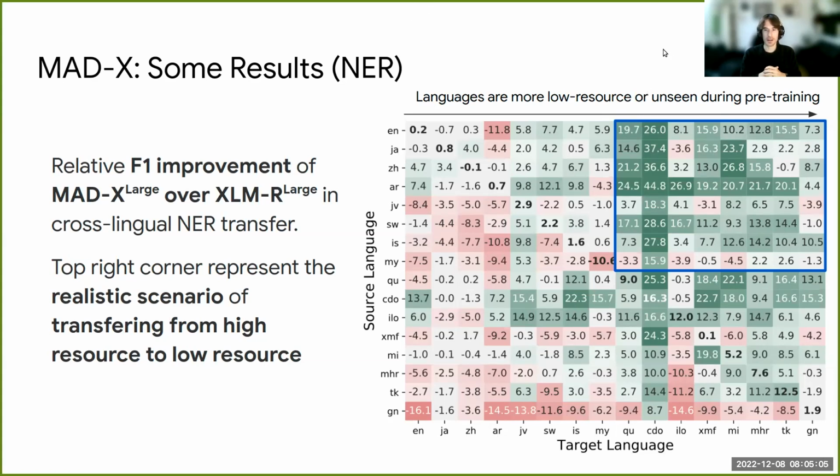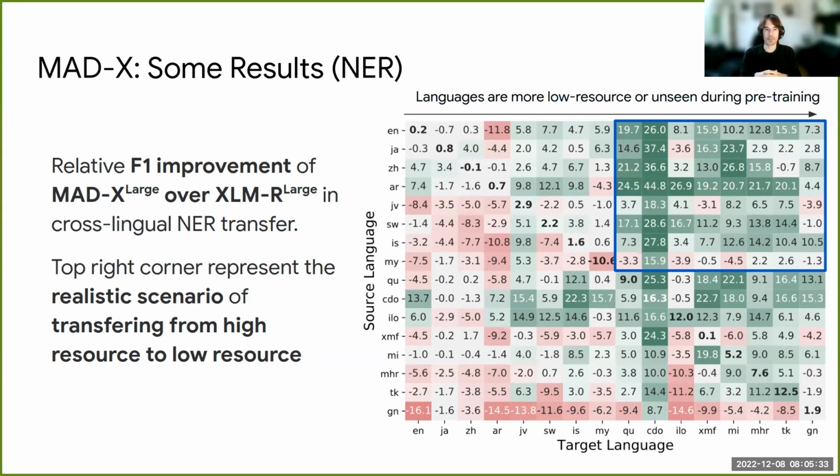But the important thing is that cross-lingual transfer typically deals with transferring from high-resource to low-resource languages. So the only quadrant that really matters is the one highlighted here, which is transferring from the four high-resource languages like English, Japanese, Chinese, and Arabic to those very low-resource languages. And this is where we actually saw the most performance benefits.